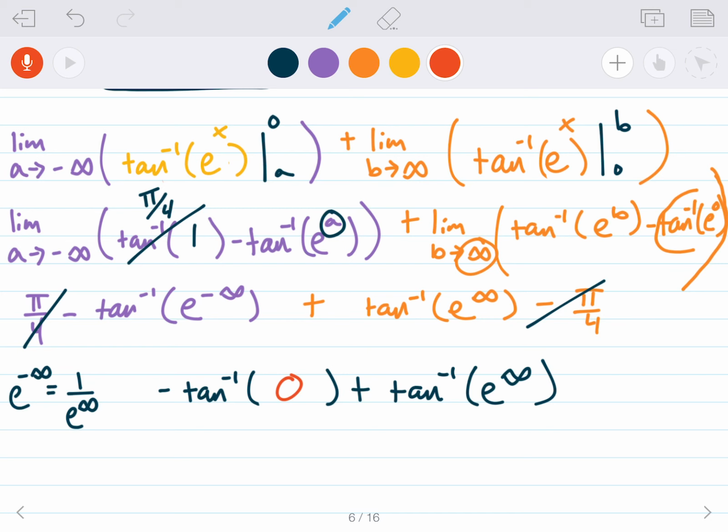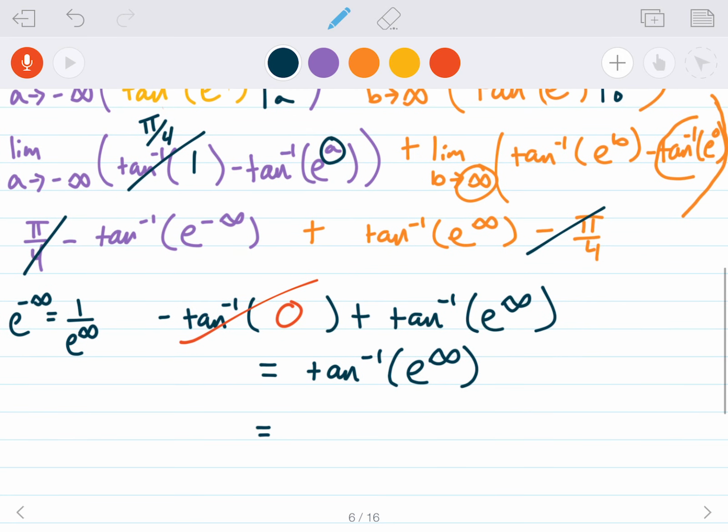The angle 0 has a tangent of 0, so this all goes to 0. And we're simply left with tan inverse of e to the infinity. And e to the infinity, well, that's just going to go to infinity. And so the answer here is going to be pi over 2.